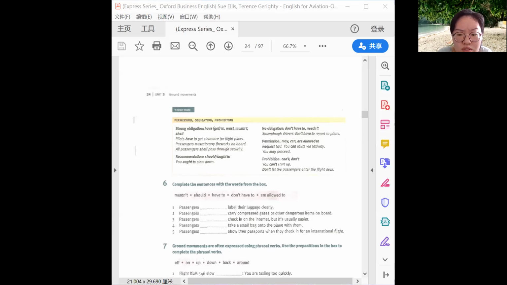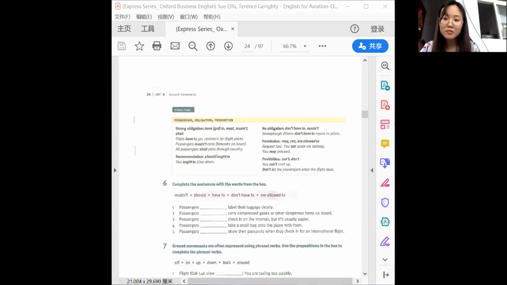So when we're using modal verbs in our context, we should pay more attention to the grammatical rules of them and know the rules of modal verbs. So it is very important to learn the modal verb and their functions.